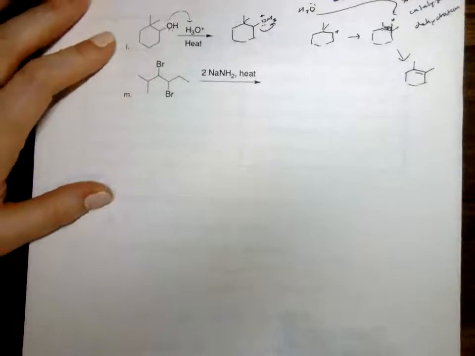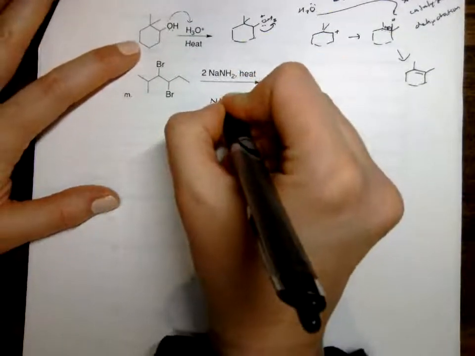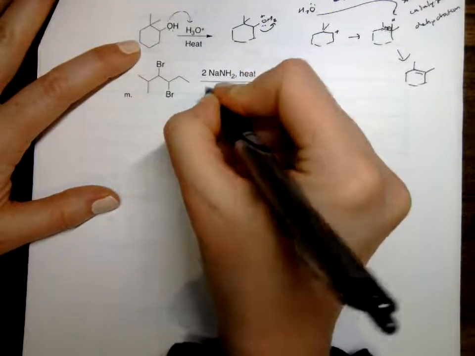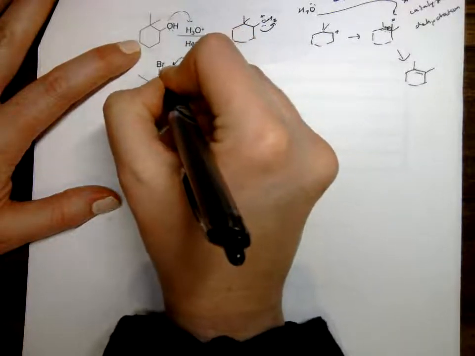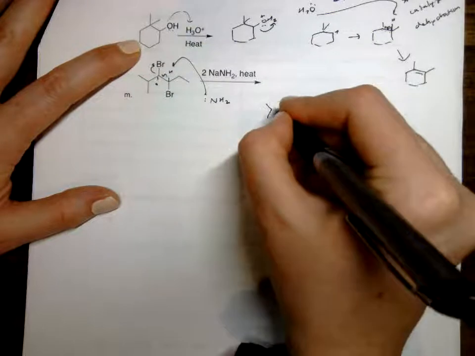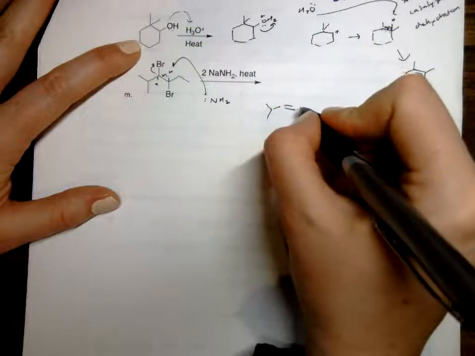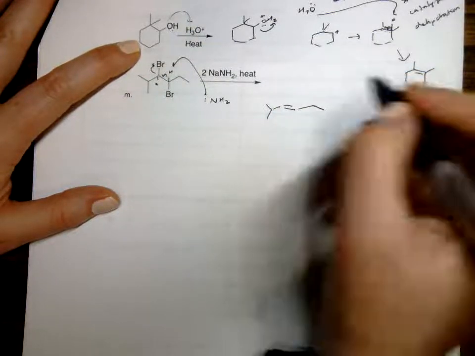Okay, and then this next reaction will do the same thing. Is this substitution, or is this acid-base? Not really. Is this substitution or elimination? Well, actually, this is a special type of elimination reaction that we learned that will occur twice. I think we learned this in chapter 8.